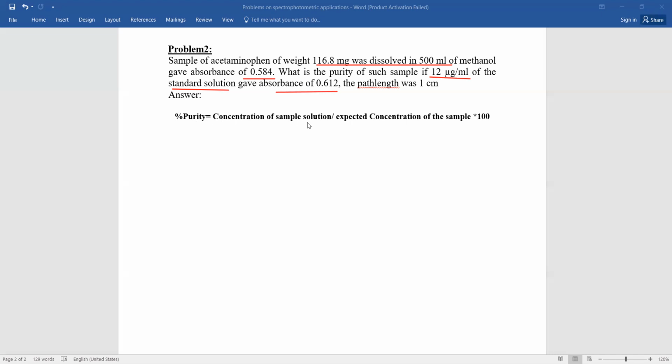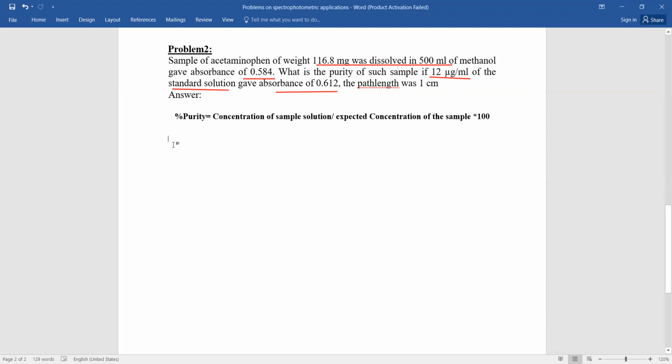It is the concentration of the sample divided by the expected concentration of the sample times 100 in order to get the percentage. What is the expected concentration? The expected concentration is 116.8 milligrams per 500 milli.